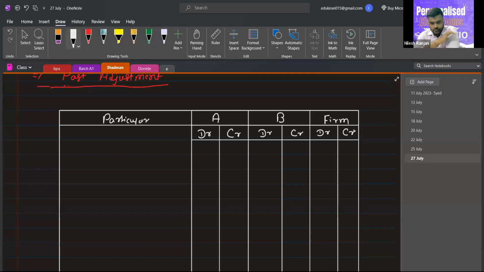So you can see the first column is for particulars, then one column for every partner, one for A, one for B, and if there are more than two partners, one for each partner, and then one column for the firm. After that, we further divide these partners' columns and the firm's column into two parts, that is debit and credit. Is this clear to you? Yes, sir. It's clear.